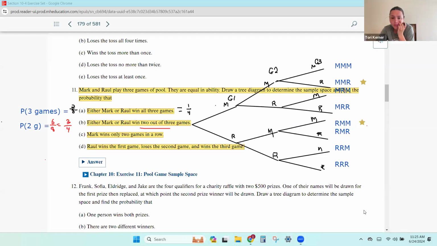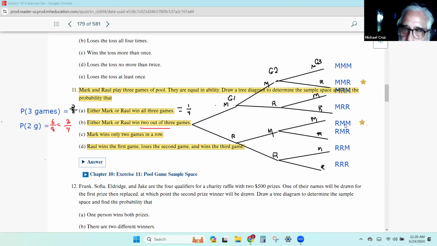And it's the MRM one, right? The third one. Would it be the MRM or it's because it's in a row? It says in a row. They got to be in a row. Okay. So it's got to be 2 M's. And it's only 2 games in a row, not the top one, because that one is 3 games. MMR counts, MRM does not count because they're not in a row.